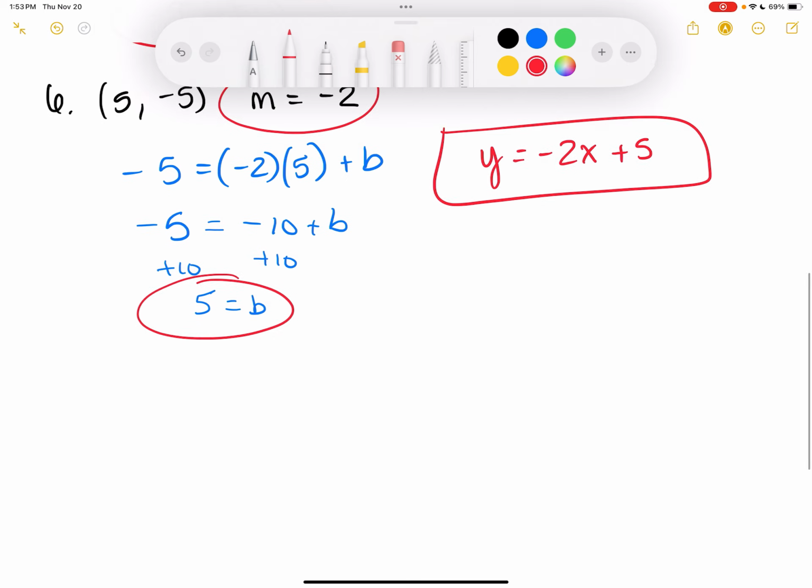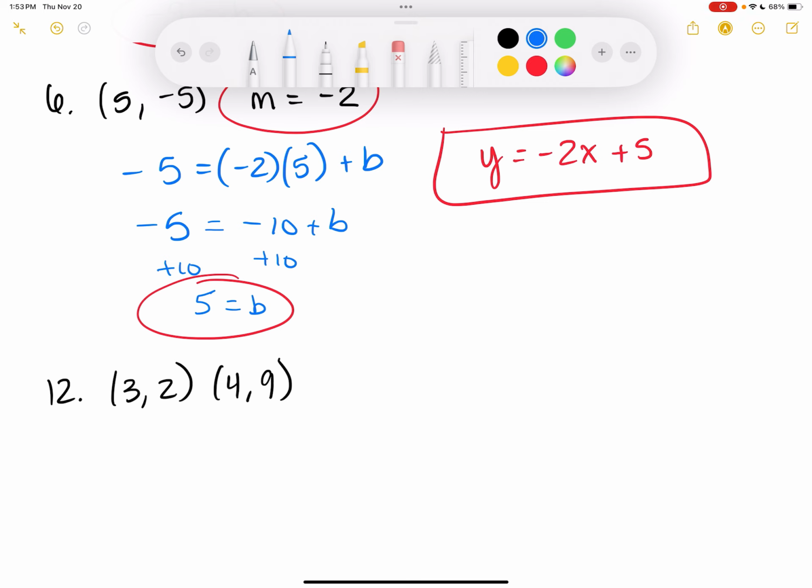Alright, so if they give us 2 points instead and they want us to write the equation of the line, something like 12, we have the point (3, 2) and the point (4, 9). Then in this case, I don't have my slope, so step 1 is to identify my slope.